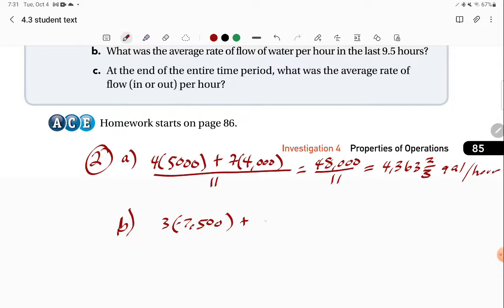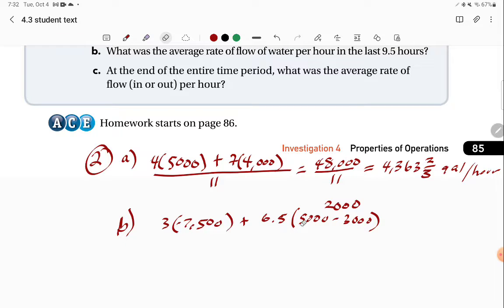And then you would have for 6.5 hours, so we could kind of skip here because for 6.5 hours, it's both flowing in and out. So if we find the difference, 5,000 minus 3,000, that's 2,000. So during that time, it's flowing at a rate of 2,000 gallons per hour because it's going in faster than it is coming out.